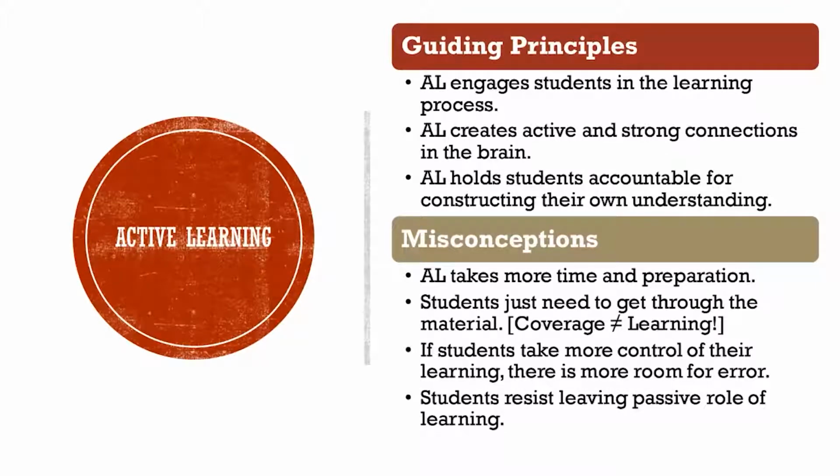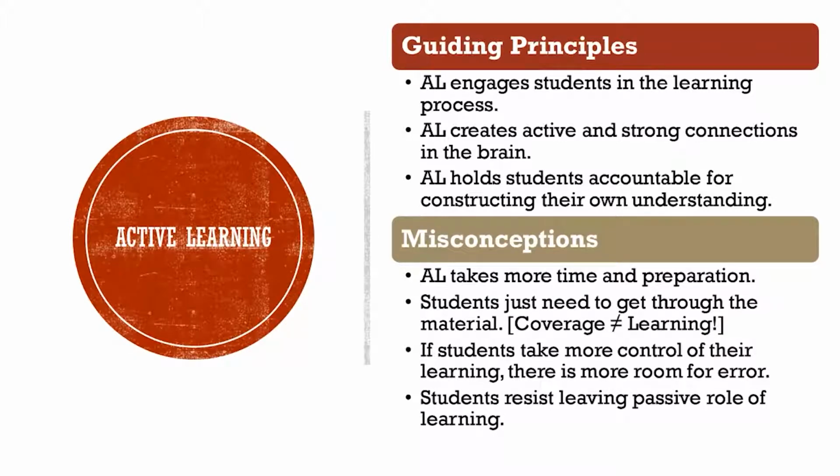One common misconception is that active learning is going to take more time and preparation, and we already have a lot to cover. Professors say, I have to get through this chapter, I have to complete these competencies. But it isn't just to cover the information, but for the students to learn. Another misconception is that if we give students more control of their learning, it's going to be messy and there's going to be a lot of errors. But there's been really good research done. I'm thinking of Metcalfe.